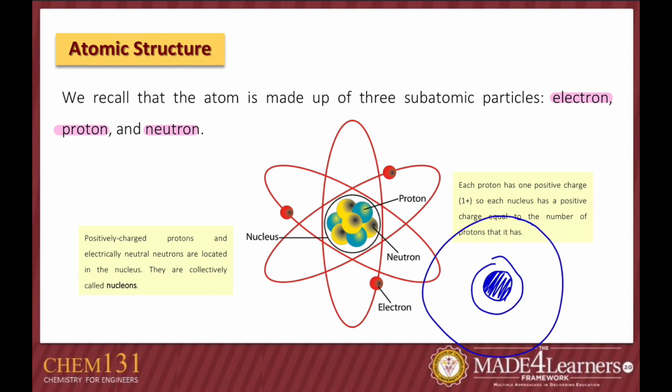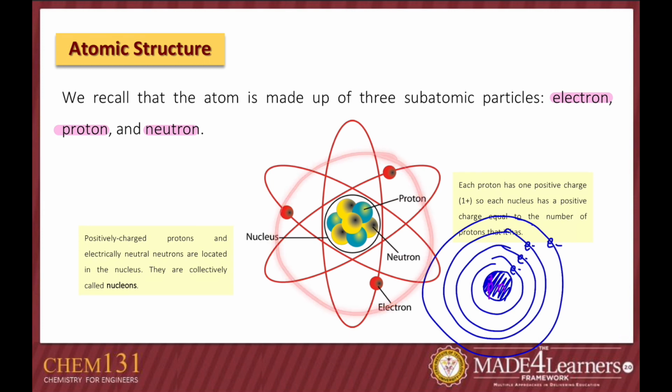So, you have the electrons here. And in the middle portion, this is the nucleus where the protons and the neutrons are located. So, here, this is the nucleus. And you can find there the protons and the neutrons. And outside, we have the electrons.